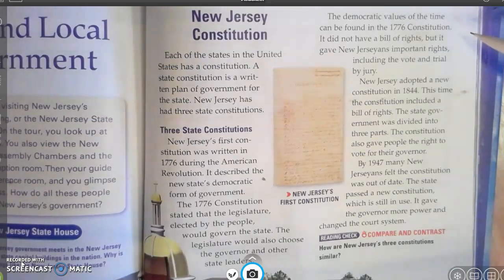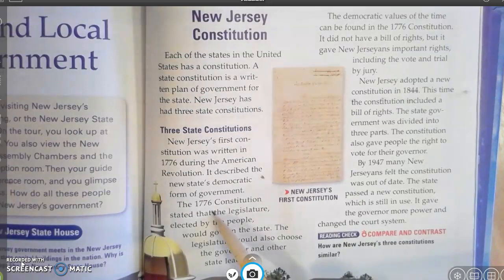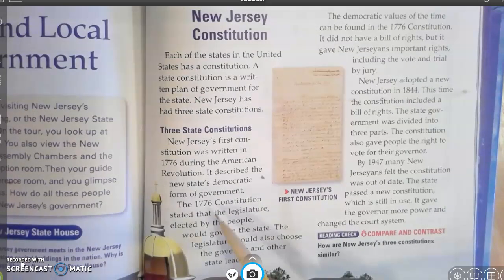The democratic values of the time can be found in the 1776 Constitution. It did not have a Bill of Rights, but it gave New Jerseyans important rights, including the vote and trial by jury. New Jersey adopted a new constitution in 1844. So maybe pause the video and do a little math and find out how many years the first constitution was that we had.